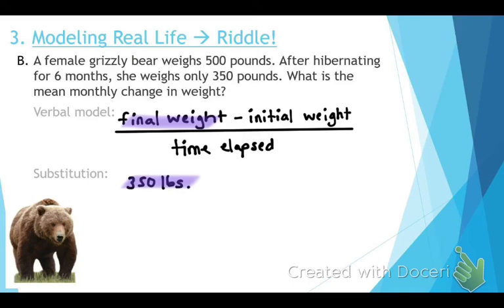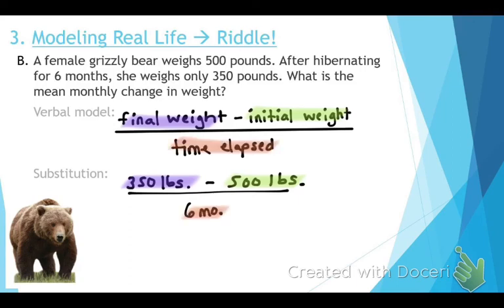Jace, how much was she originally weighing at the beginning? 500. So we are minusing the initial weight, which was 500 pounds. Am I done? No. What do I have to do? You have to divide it by the time elapsed. How much time passed by? 6 months.